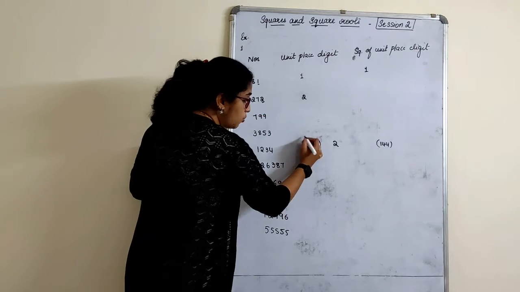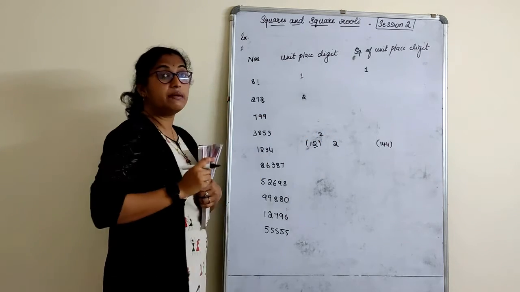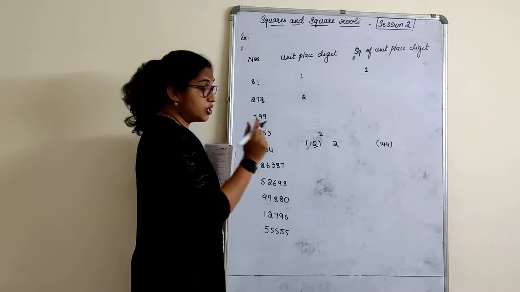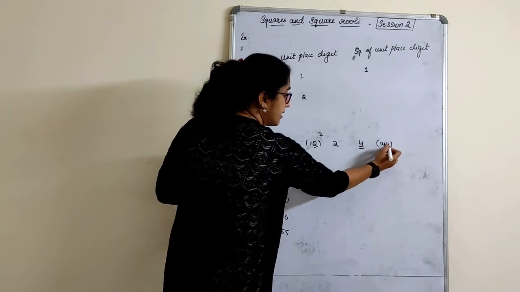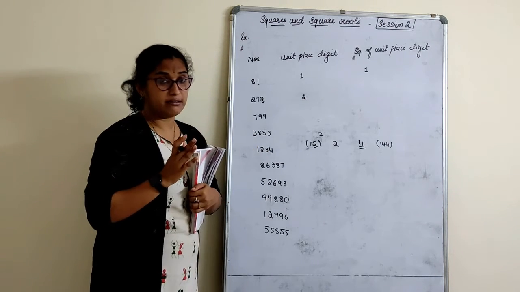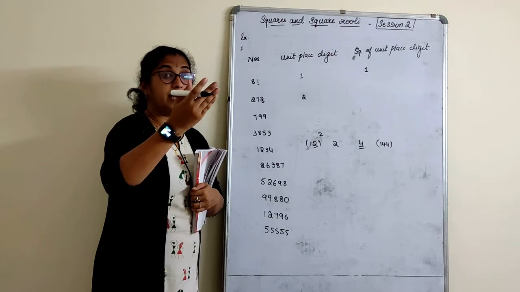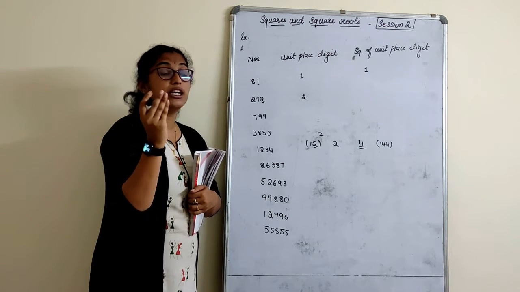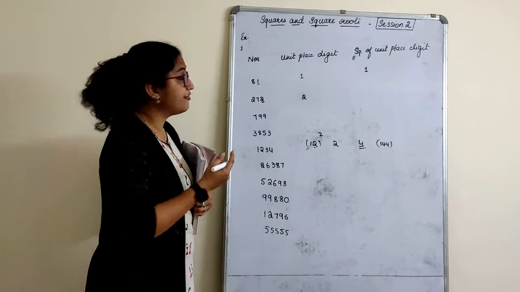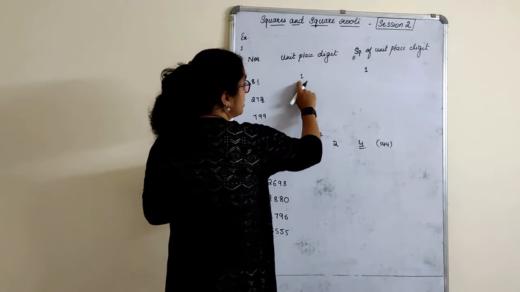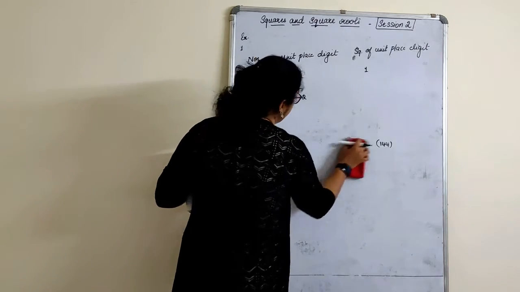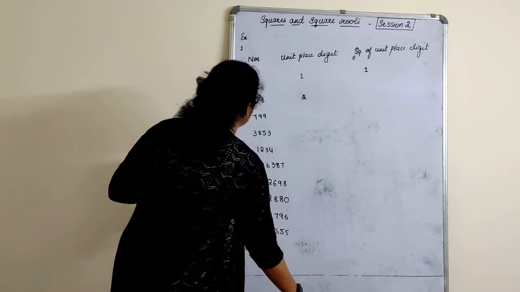When we square this number, what will be the square of the unit place digit? 2 square is 4. That is what they are asking. You need not square the whole number, but assume that when you square, you get a final answer. For that final answer, what is the unit place? How to identify that? By identifying the unit place and checking the square of the unit place, which gives us the hint of the unit place digit.